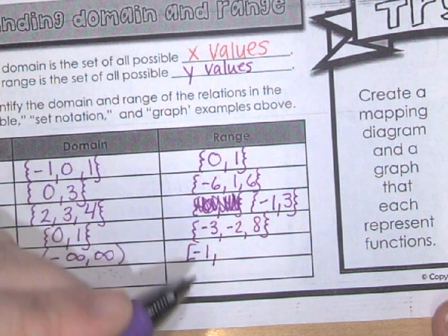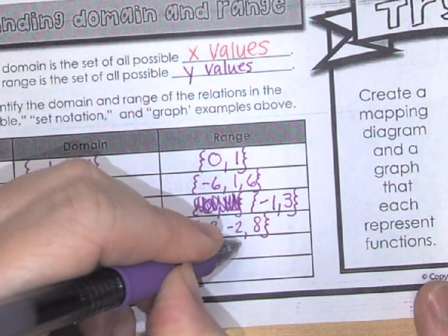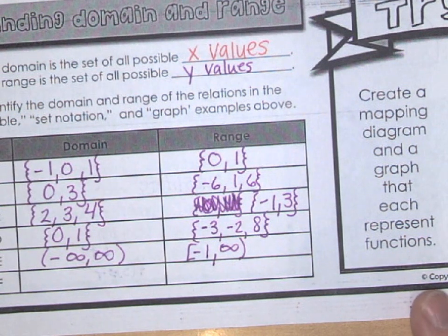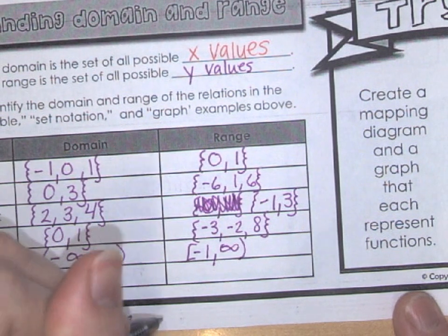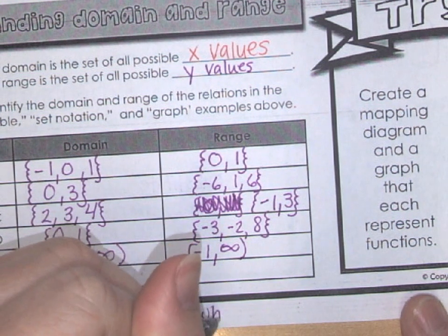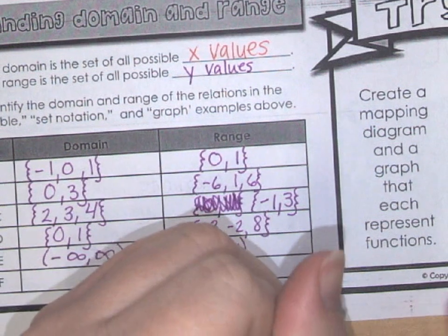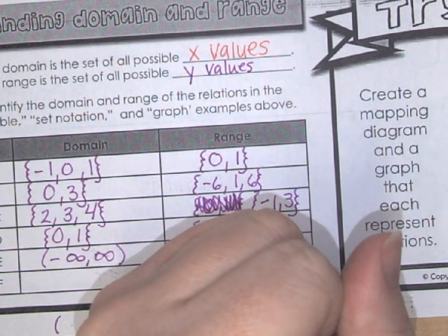And then again, the arrows continue forever, so it goes to infinity. So we have two different endpoints that we're going to use. The round parentheses are used when a point is not included or not specified.